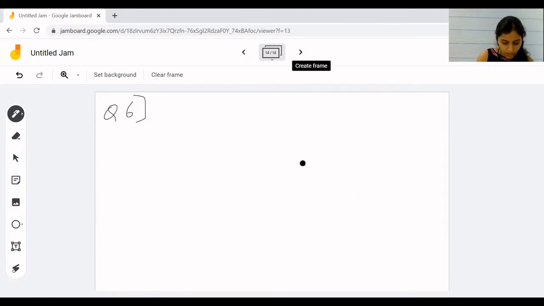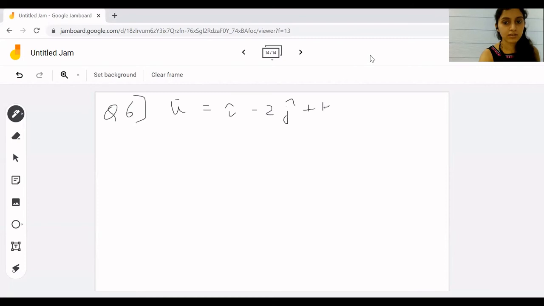Okay, question 6 now. So we have three vectors. U bar is i minus 2j plus k.